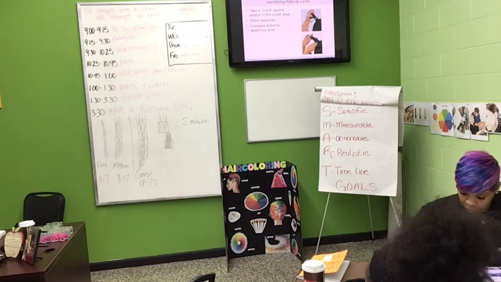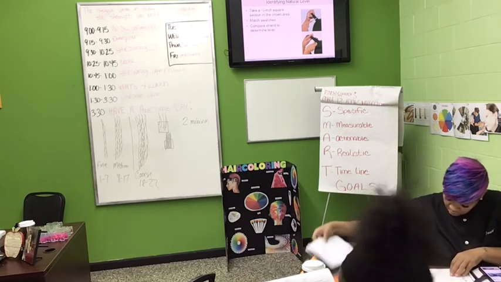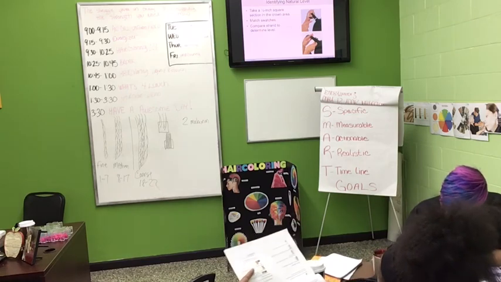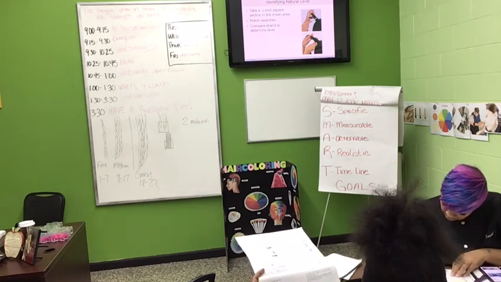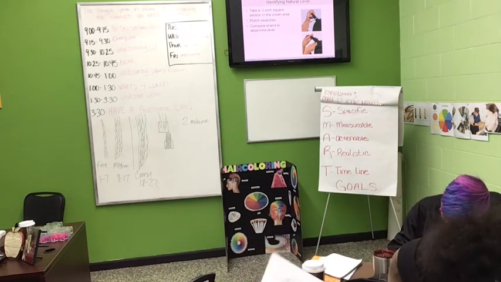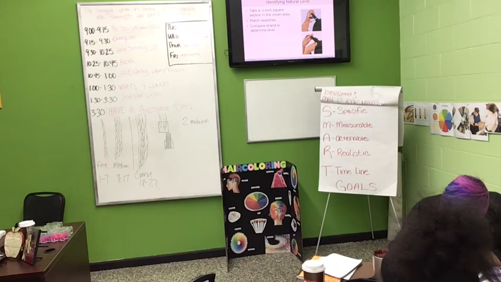What is it saying? The melanin that gives black and brown color to hair is known as what? Melanin. Okay.